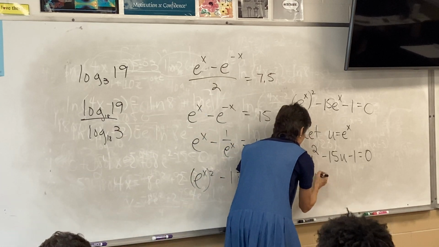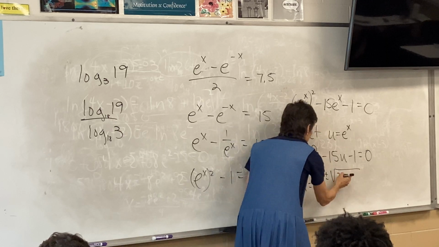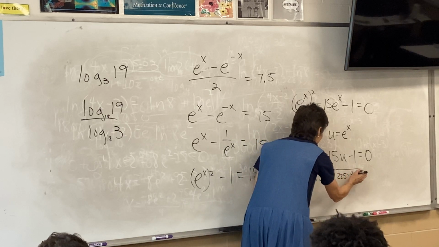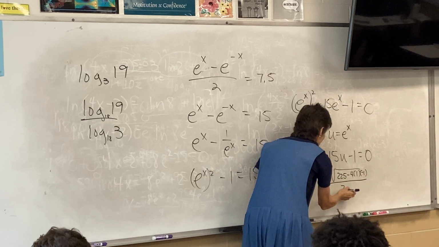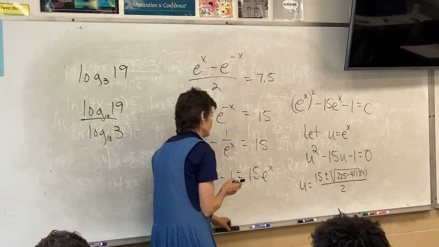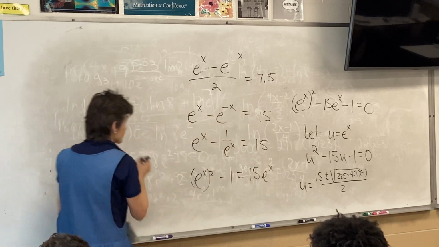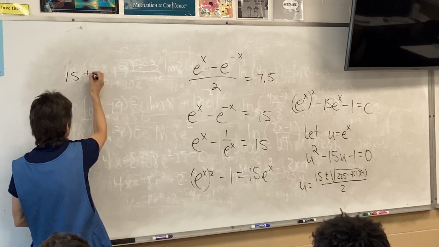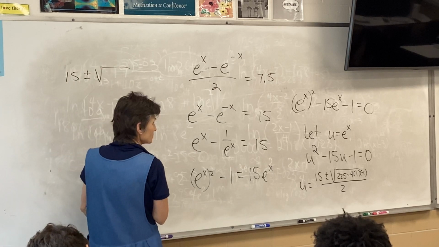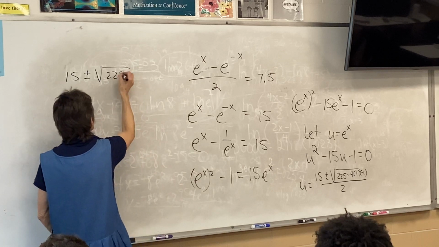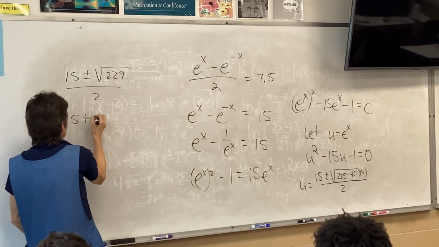So it's 15 plus or minus the square root of 225 minus 4 times a times c all over 2. So that's 15 plus or minus the square root of 229 over 2. So it's two different answers.